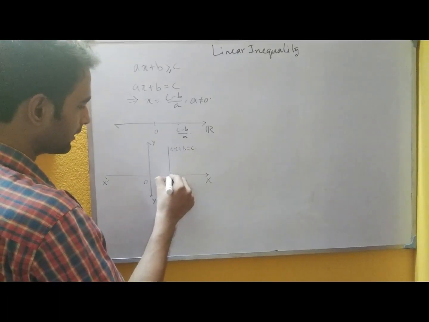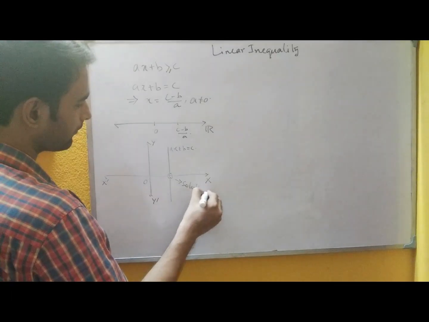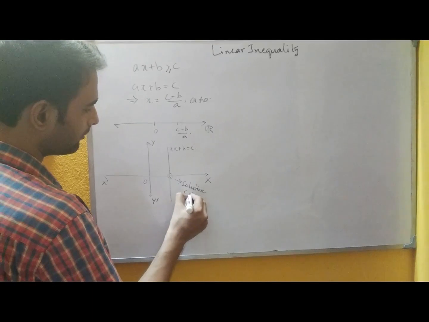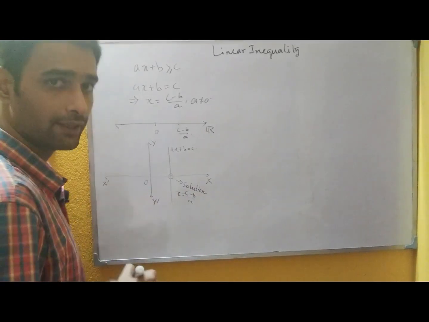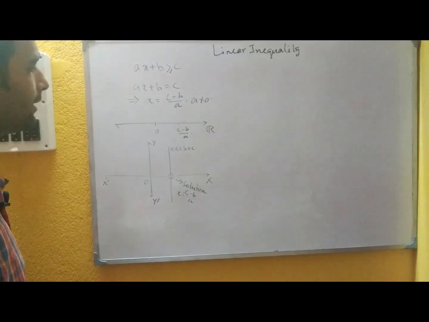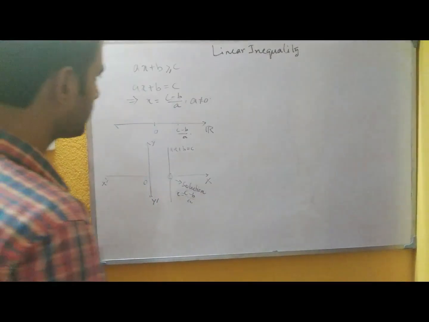That point of intersection is the solution, and this solution was c minus b by a, that is at this point the value of x is c minus b by a. So whenever we are dealing with this kind of equality, we get some point as a solution.